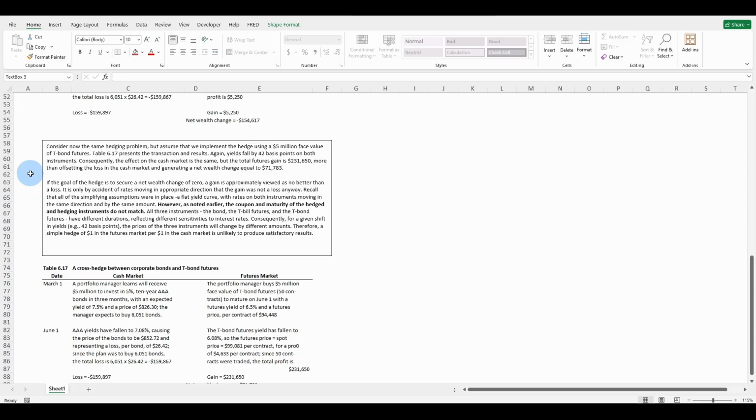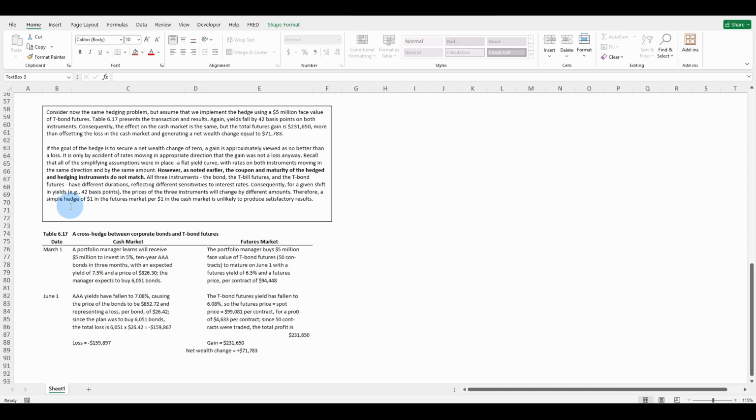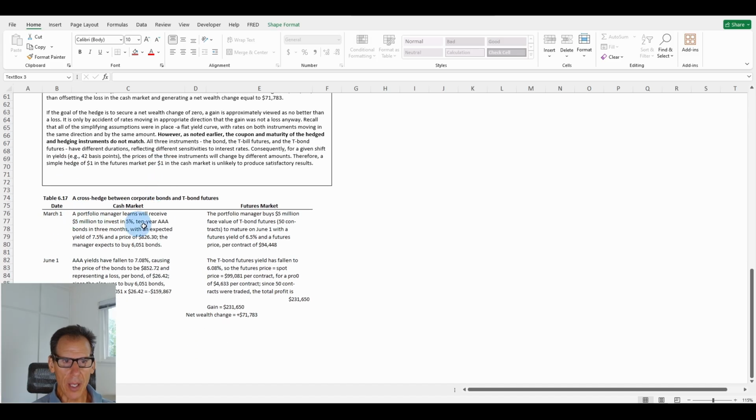All three instruments, the bond, the T-bill futures, and the T-bond futures, have different durations, reflecting different sensitivity to interest rates. Consequently, for a given shift in yields of 42 basis points, the price of the three instruments will change by different amounts. Therefore, a simple hedge of $1 in the futures market per dollar in the cash market is unlikely to produce satisfactory results. So here is a cross-hedge between corporate bonds and T-bond futures.